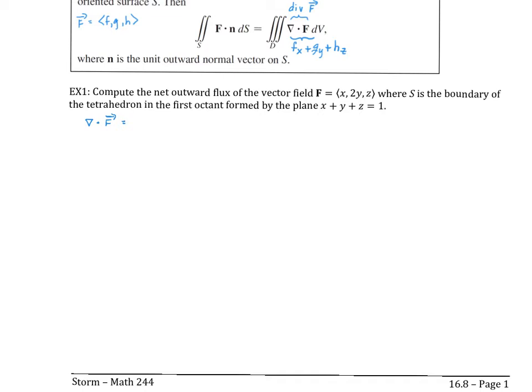It's simply the partial derivative of F, which is x, with respect to x, which is 1, plus the partial derivative of G with respect to y, which is 2, plus the partial derivative of H with respect to z, which is 1. And it's just 4.